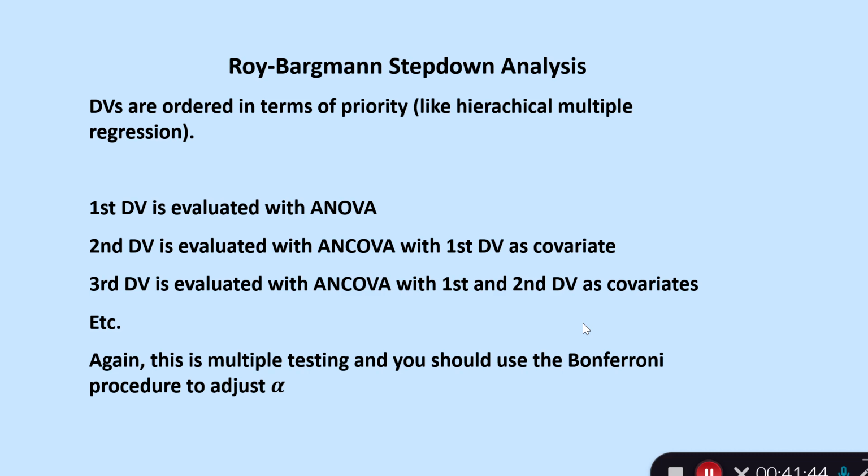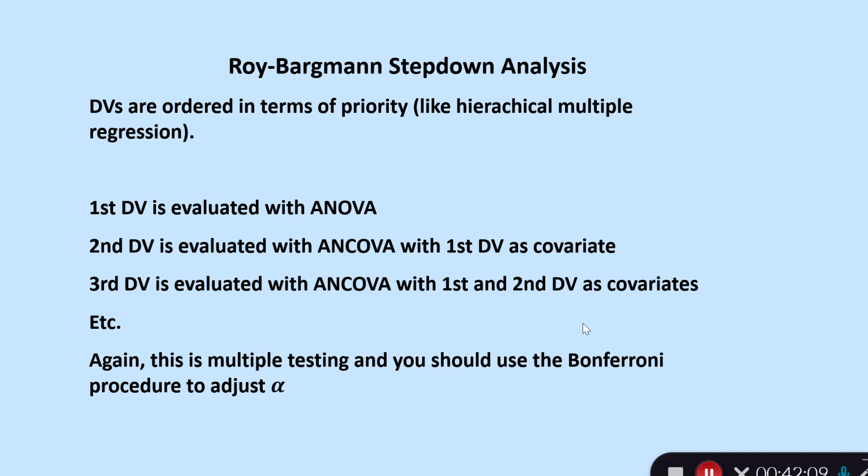So we're assessing the first DV using ANOVA, to see whether it makes a significant difference between the groups. What we're then doing in the second step of this analysis is taking that highest priority DV and using it as a covariate, and we're looking to see how much more variance is explained by the second DV once we control for the first DV.